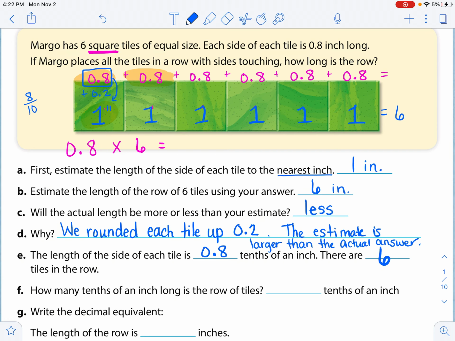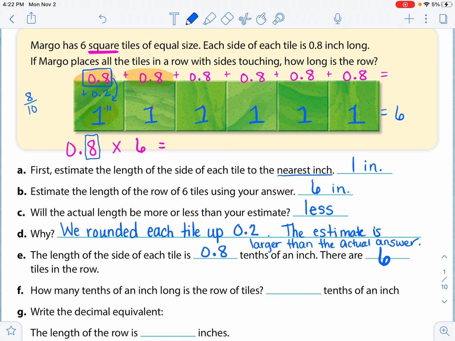Now, letter F. How many tenths of an inch long is the whole row of tiles? So how many tenths of an inch is the whole row? So if we have 8/10 and we do that 6 times, just think about that.